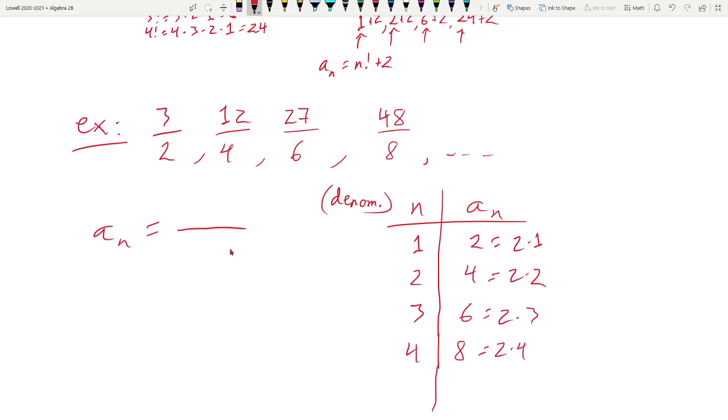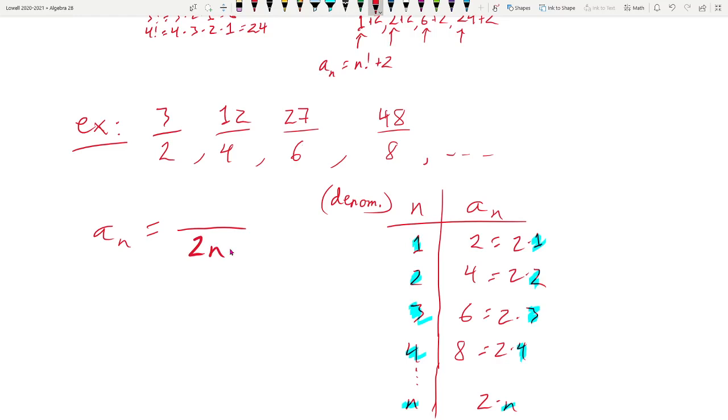So you would probably guess that if we were to go on, the nth term's denominator is simply going to be 2 times n. So that's what I'm going to put in my denominator here. Again, I really think the table does help when your back's against the wall. This would be 2n down here.